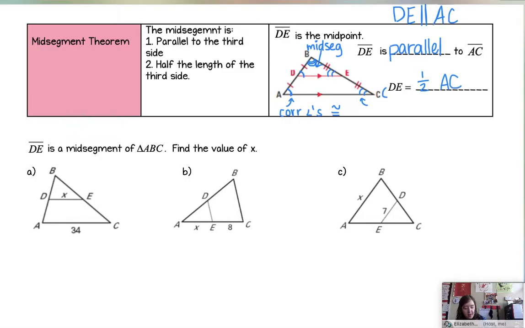Another way to think about it is that 2 times the length of the midsegment is equal to the third side. That's the exact same equation, just written a little differently. I know that fractions can scare people, so we'll rewrite it in a different way.